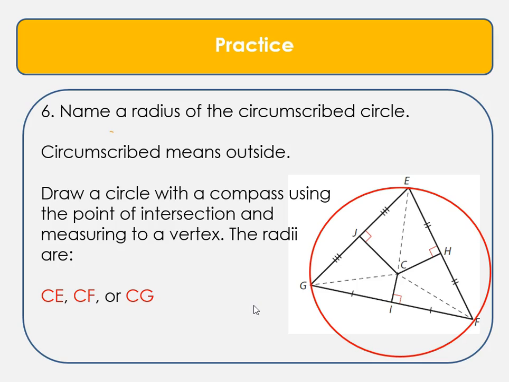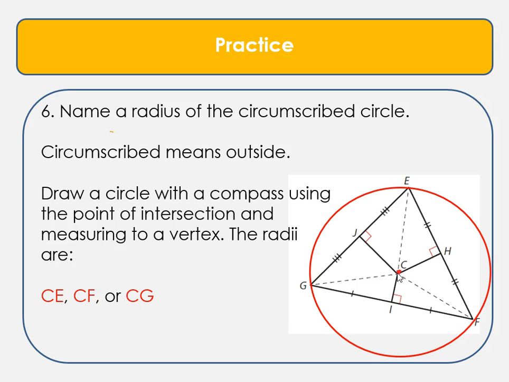So circumscribed means outside, and the goal is to have the circle touch each vertex. What happens then is, if you can see this, you have the center of your triangle that you've already determined, and you have 3 lines that are the same length that all go out to the end of the circle.